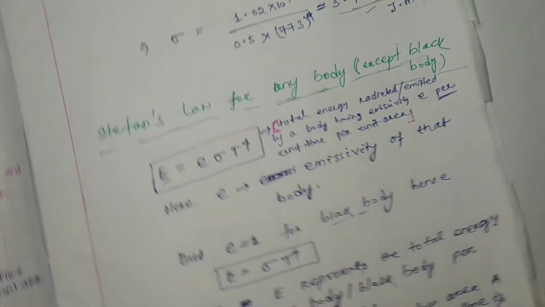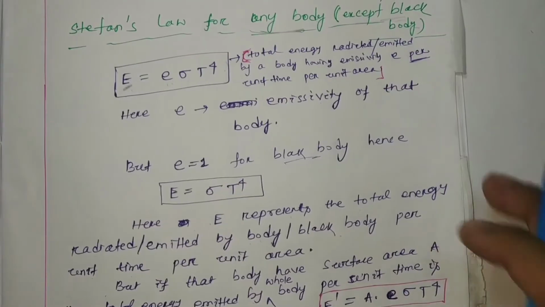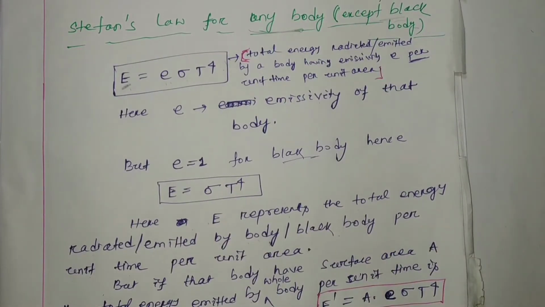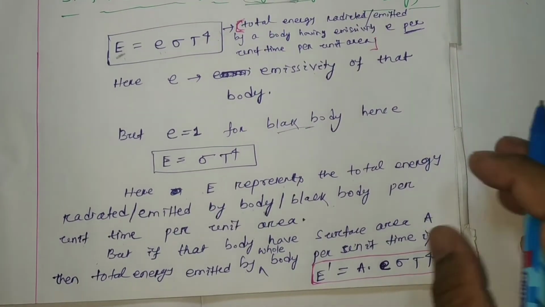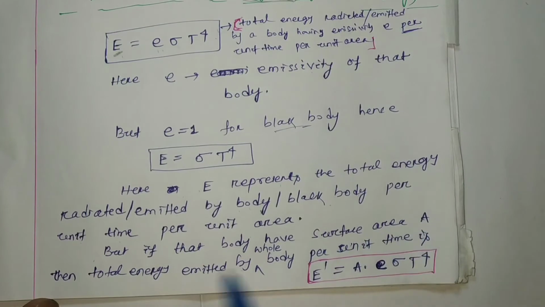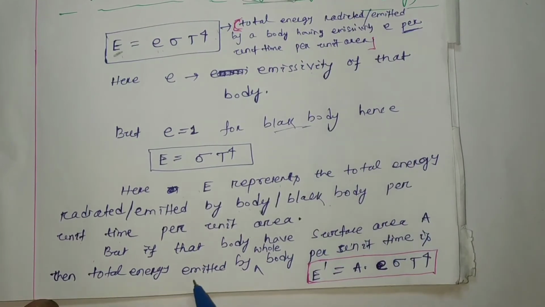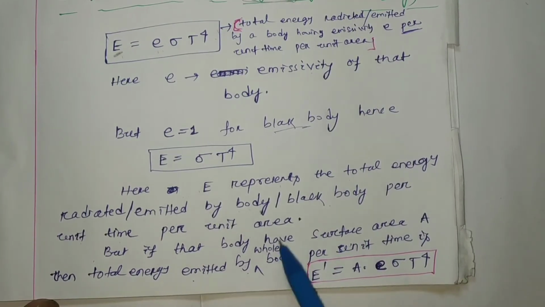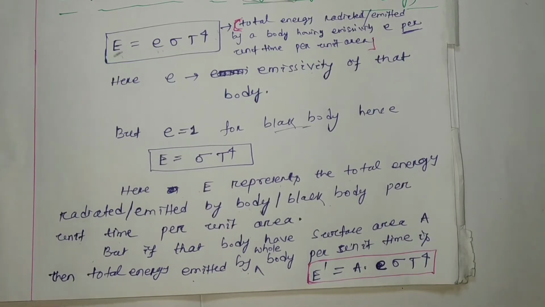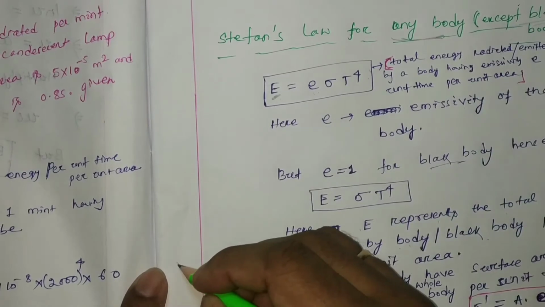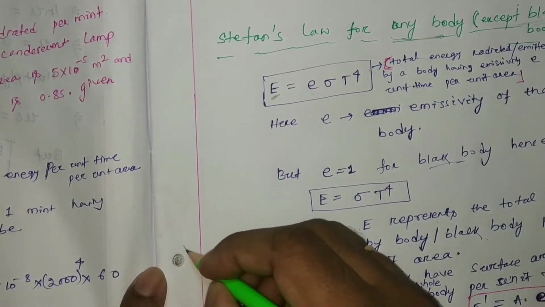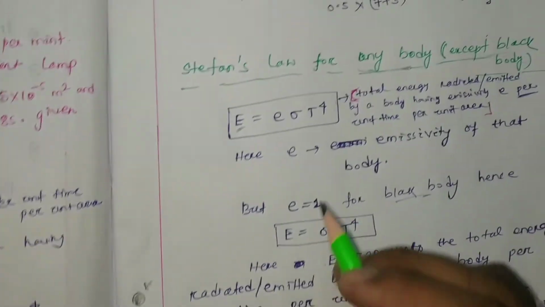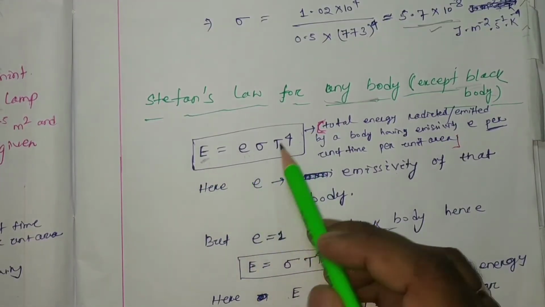Okay, but if the body has surface area A, suppose we consider that body having surface area A, then what is the total energy emitted by the whole body? Suppose this is a body and its whole surface area is A. For unit surface area, per unit time, this is the energy radiated by this body.